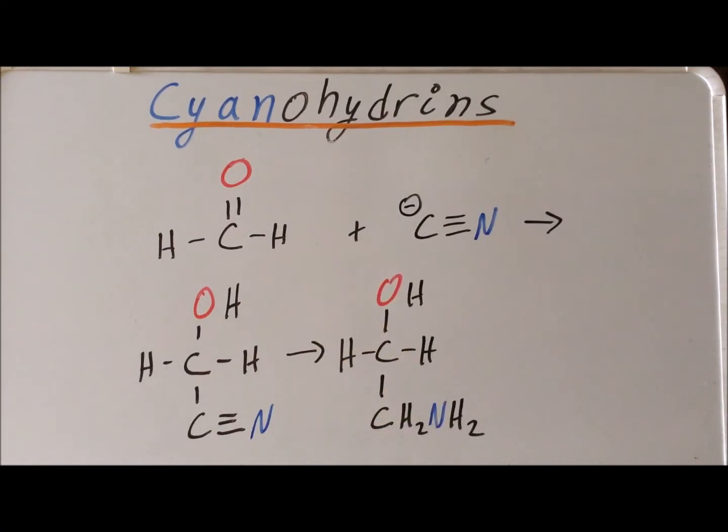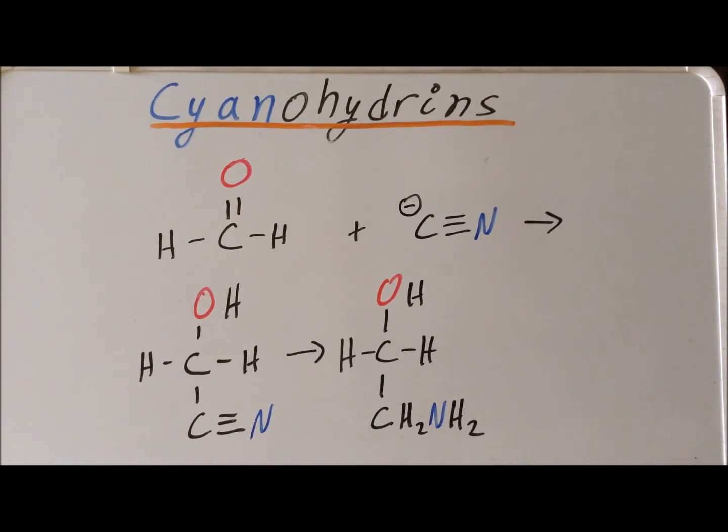Upon hydrolysis, we are able to transform our 2-hydroxyethanenitrile now into 2-hydroxyacetamide. So now we have a structure that is both an alcohol and a carboxylic acid amide. But we can go further.